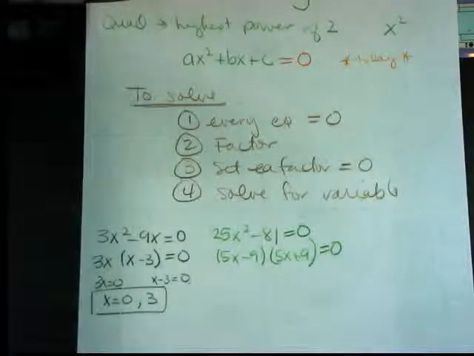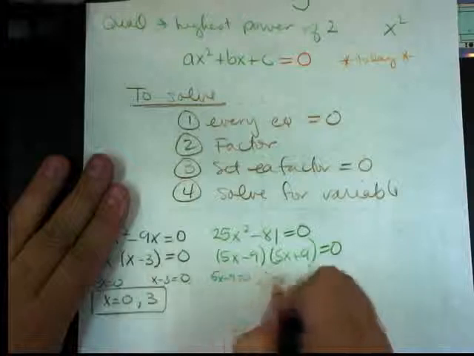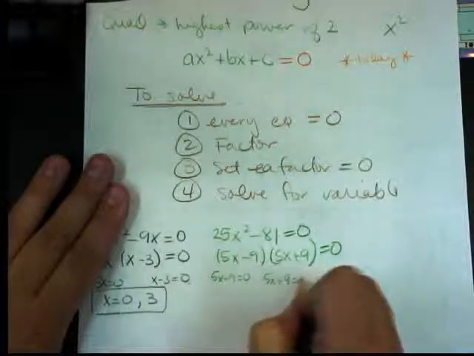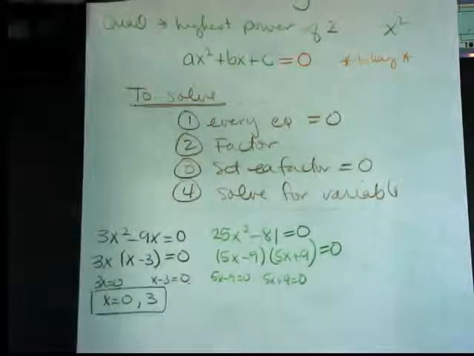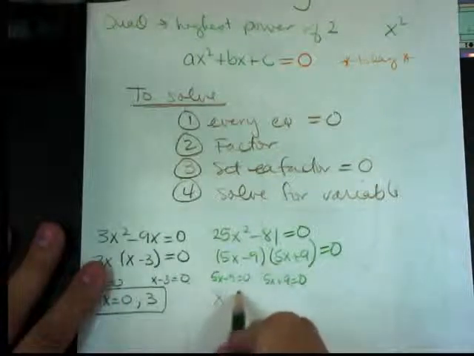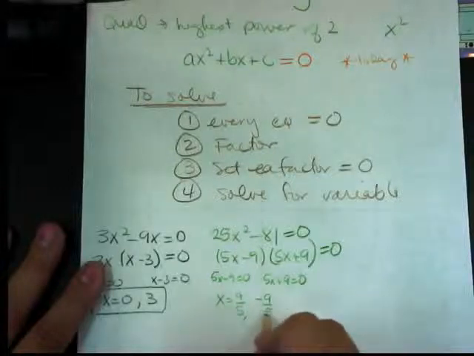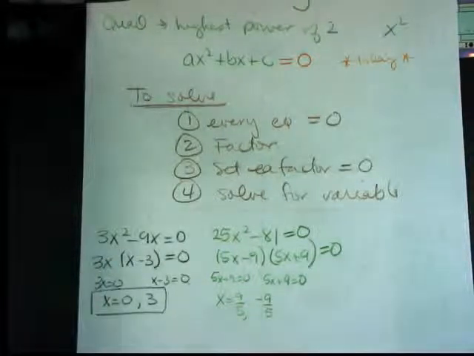No equal sign, no solving. If I were to set each factor equal to 0 and solve for each variable, first one I would add 9 and divide by 5. And the second one I would subtract 9 and divide by 5. So I would get a positive and a negative 9/5.